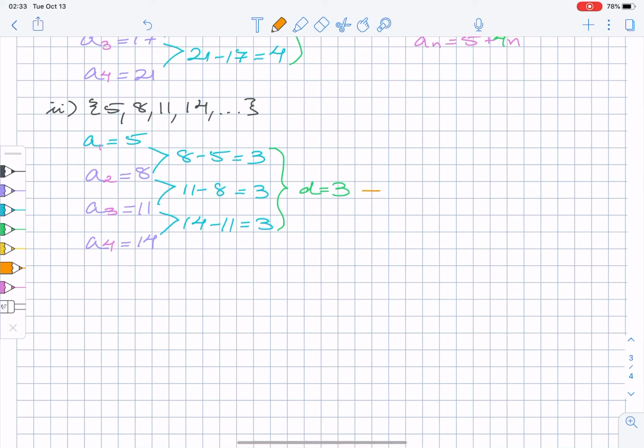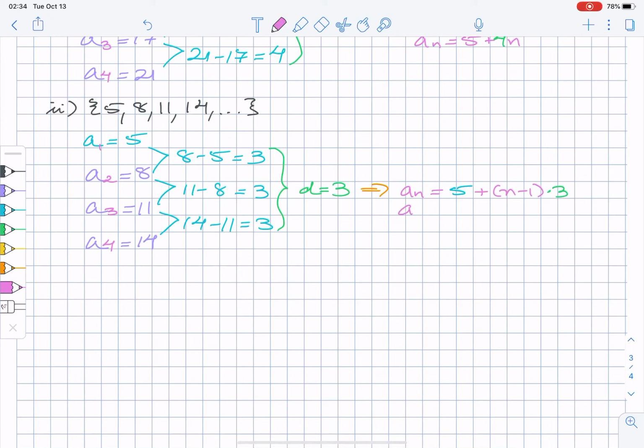So this implies that a sub n is going to be 5, the initial term, plus n minus 1 times the common difference 3. So let's distribute that 3.